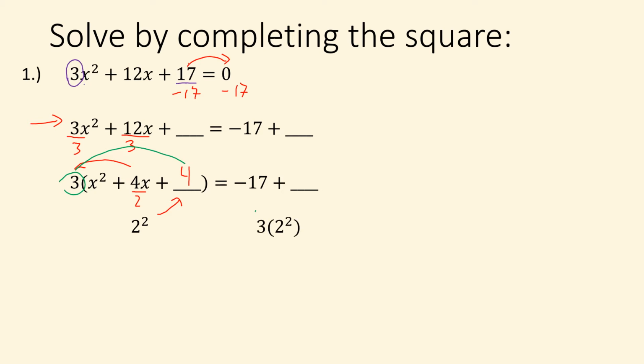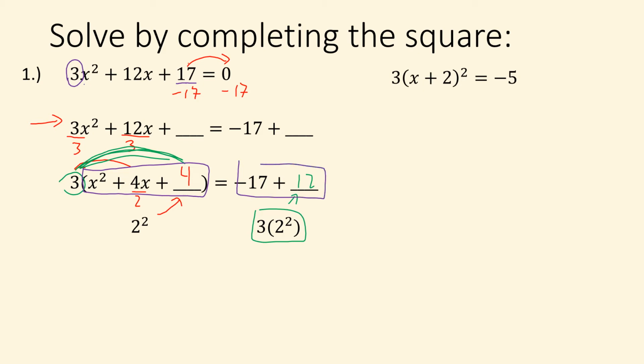Okay, so we really have 3 times that 2 squared or 4. So we're really adding 12 to this side. So we have to add 12 over here. Okay, and now at this point, we can write the actual equation that we're going to solve. This is our perfect square trinomial. Just like yesterday, we can write it as x plus 2 squared. And then over here, we can simplify it to negative 5.